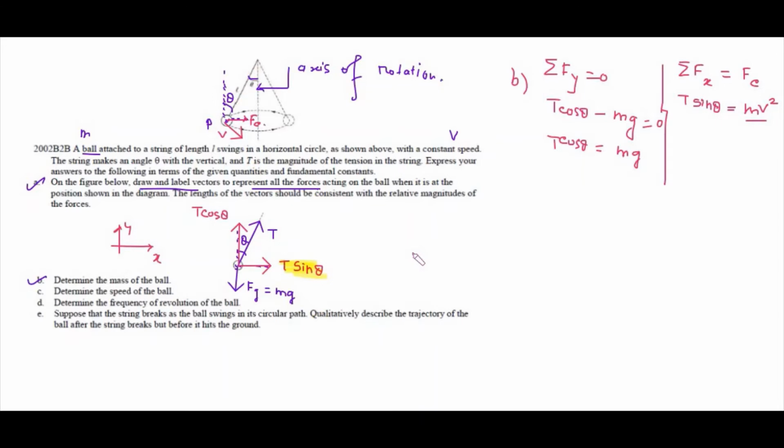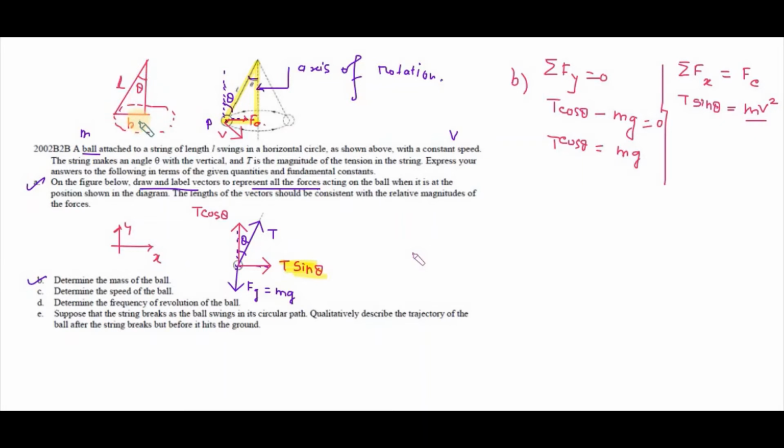Just consider this triangle. I'm going to draw the triangle once again. We know that the length of the string is equal to L. We have to find out R, because this is the circular path it is making. This angle is theta.